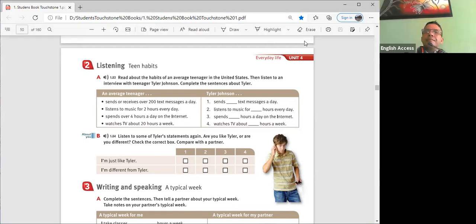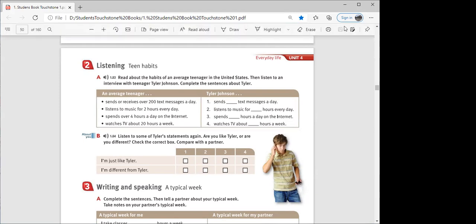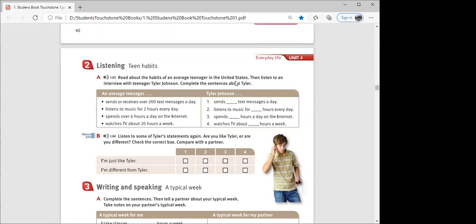Hey, Tyler, here's an interesting article about teenagers, about their daily habits. Just listen to this. An average teenager sends or receives over 200 text messages a day. That's amazing. 200? Yeah, well, I only send about 50 messages a day. Yeah, but how many do you receive? Well, probably about 50. Oh, okay.